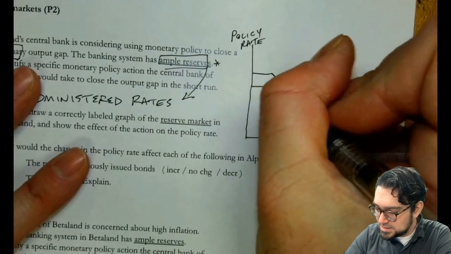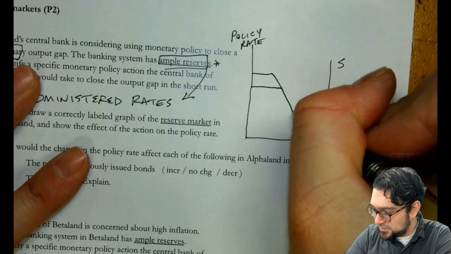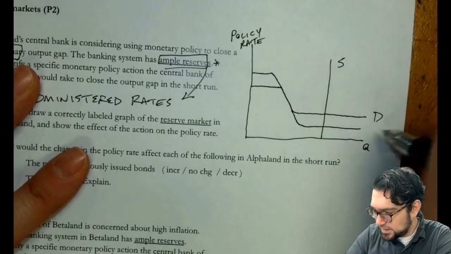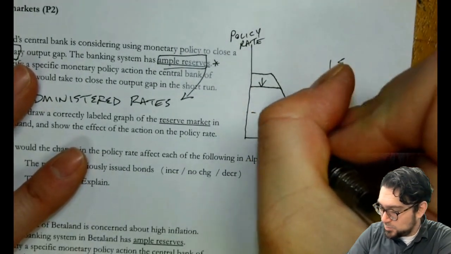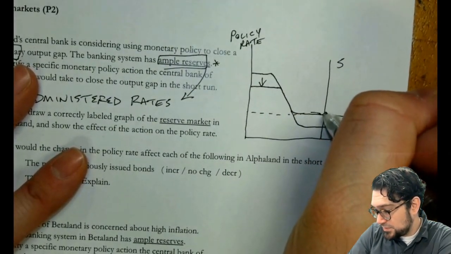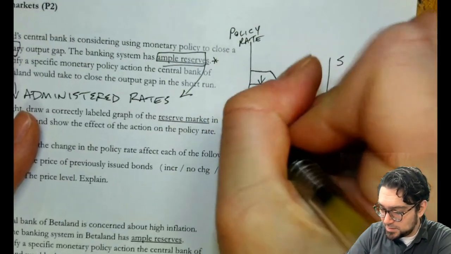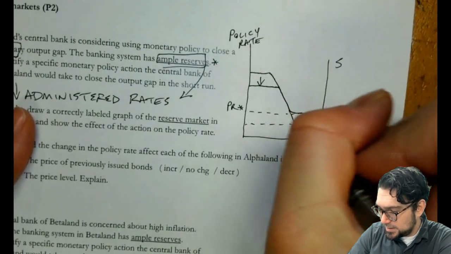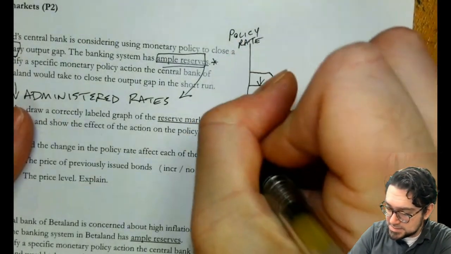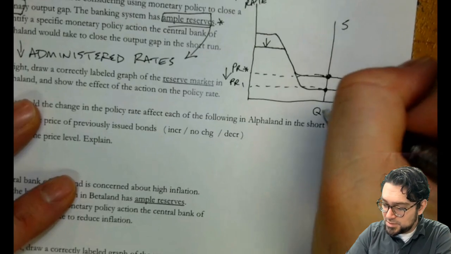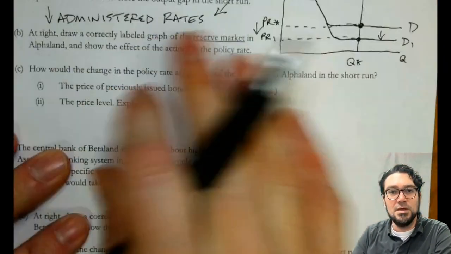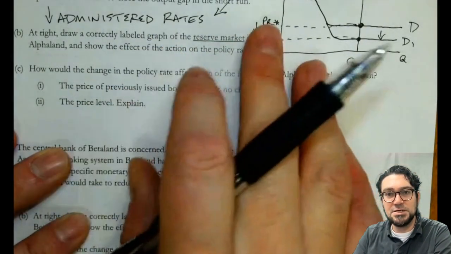Then we cause the demand to bend down a little bit farther. That's our D1. We connect those with a dot and say PR star, and connect these with a dot and say PR1, and that goes down. Q star, the quantity of money, doesn't change. So we've shown the effect on the policy rate: it decreased.